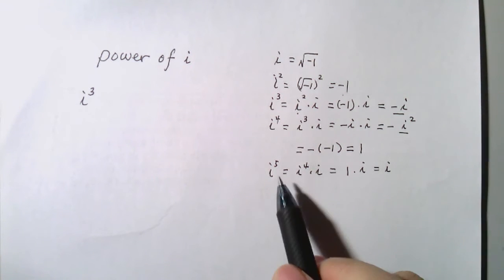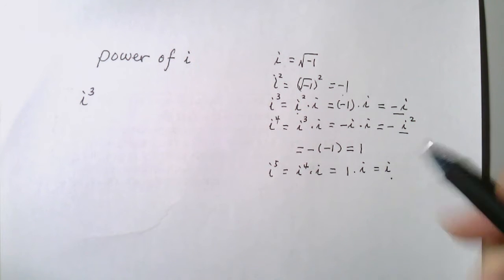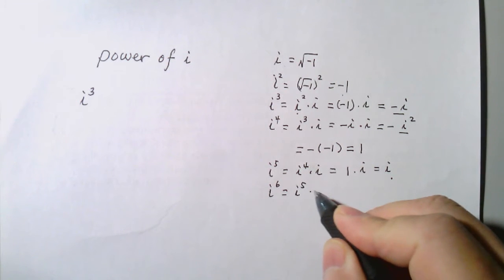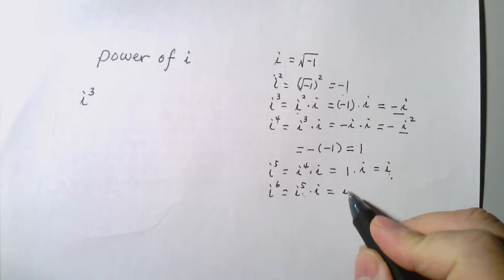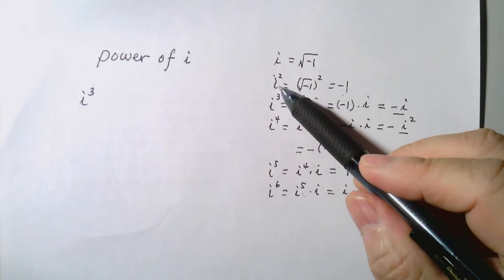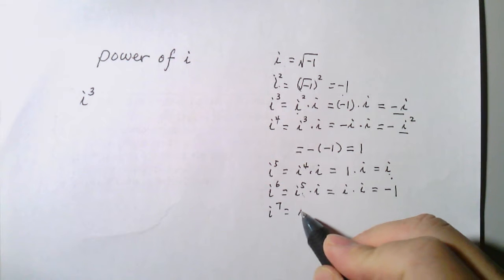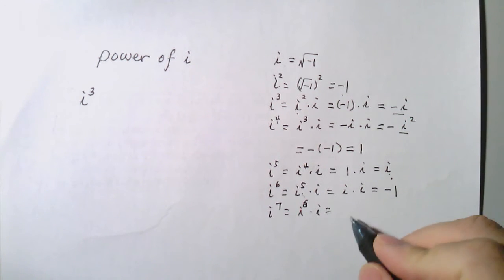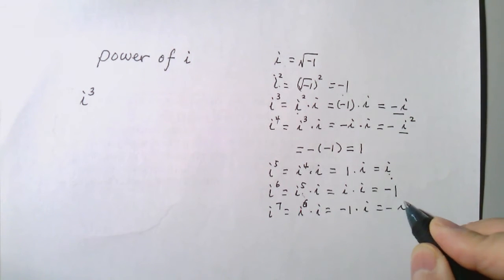So you can see i to the fifth and i are actually the same. Continue to i to the sixth: i to the fifth times i, because i to the fifth is i, so i times i equals -1, because i squared equals -1. i to the seventh is i to the sixth times i, so that gives us -1 times i, which is -i.